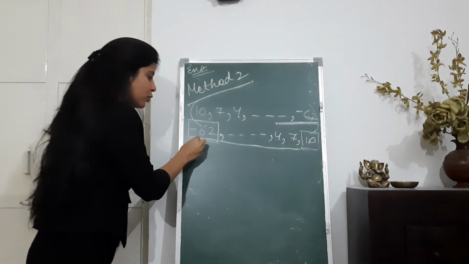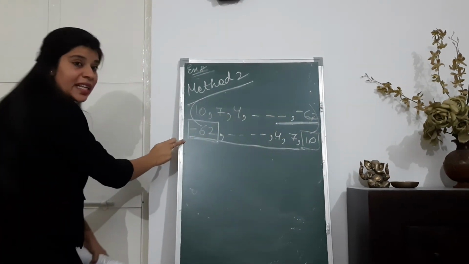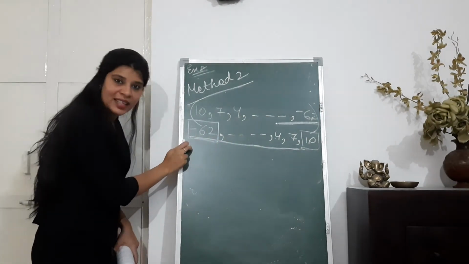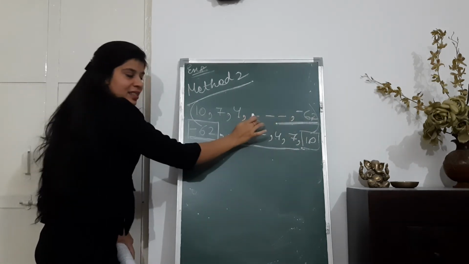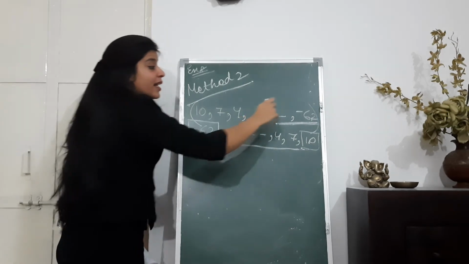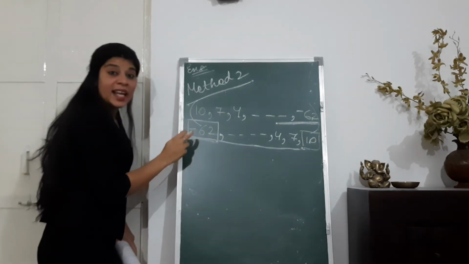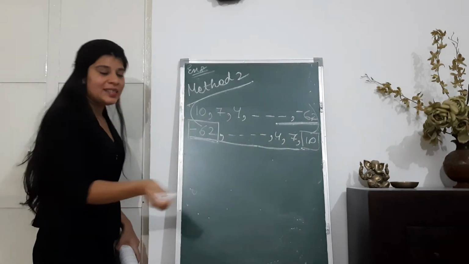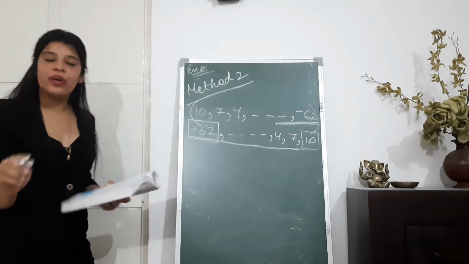Right? Now I have to tell the 11th term from the last. But for this arithmetic progression, if I tell the 11th term from starting, then it is going to be the same term, right? Same last term. Like see, I have just reversed the series here. The 11th last term of this series will be the 11th term from starting of this series, because I have reversed the order of the arithmetic progression.